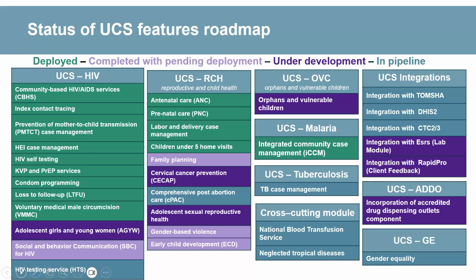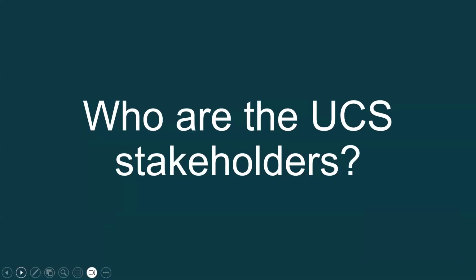So we have UCS modules for HIV, RSV, OVC, malaria, tuberculosis, and other cross-cutting modules. We have family planning, abortion. So UCS contains different modules based on problematic area. So this is how we can describe UCS based on the modules that have been developed under UCS.